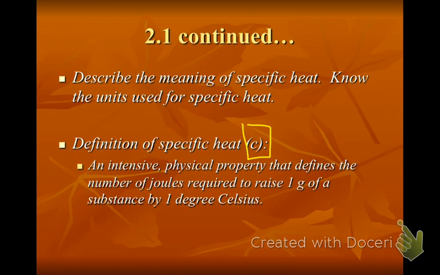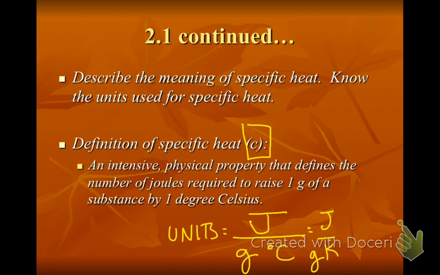So the units for this are the joules required per gram of substance per degree Celsius. So per 1 degree Celsius. So how many joules are required per gram per 1 degree Celsius? So those are your units. Or sometimes you will see joules per gram Kelvin.